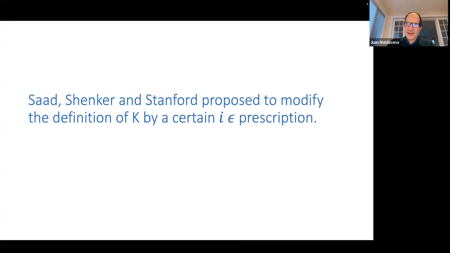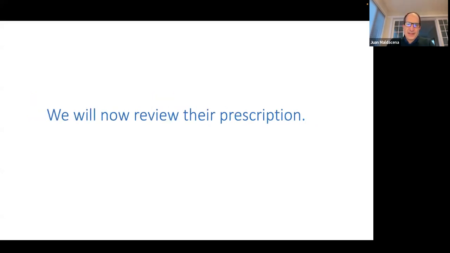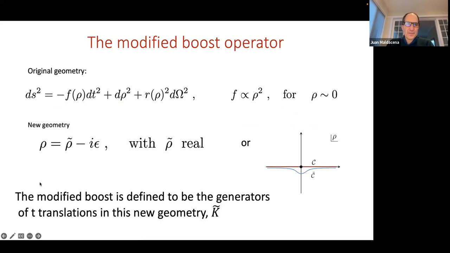Now, Saad, Shenker, and Stanford proposed to modify the definition of K by a certain i epsilon prescription. This amounts to basically modifying the geometry of the wormhole. The original geometry is just the usual geometry of a Schwarzschild black hole, where let's say rho is the distance from the horizon, and f becomes 0 at rho equal to 0, the position of the horizon.